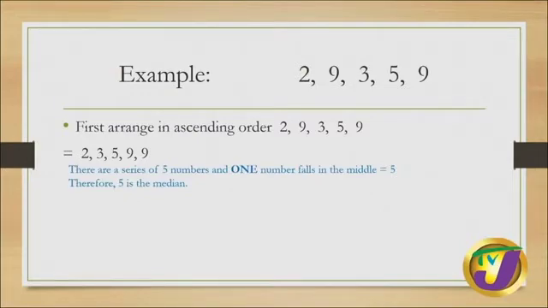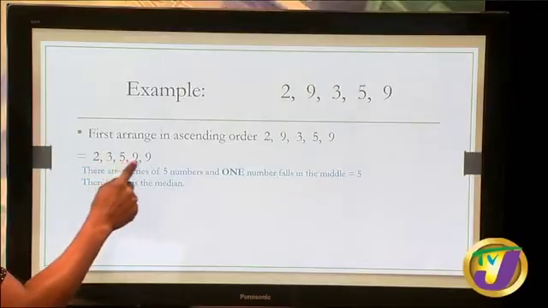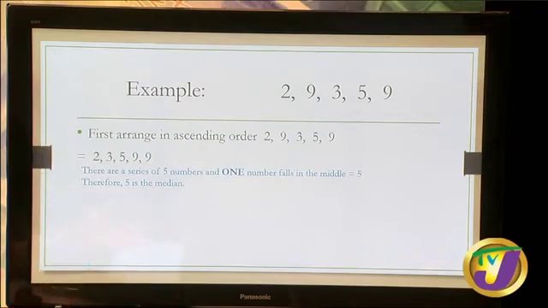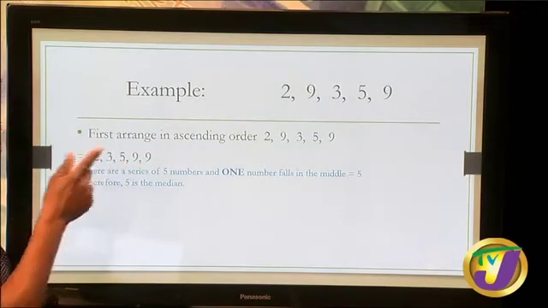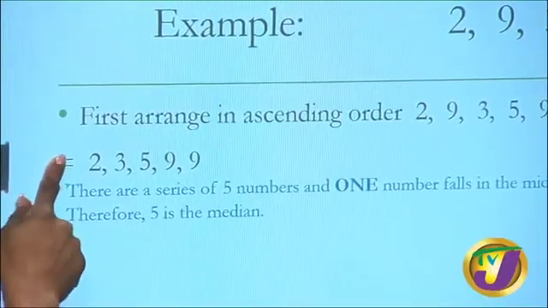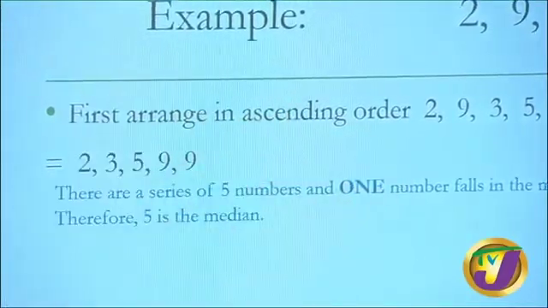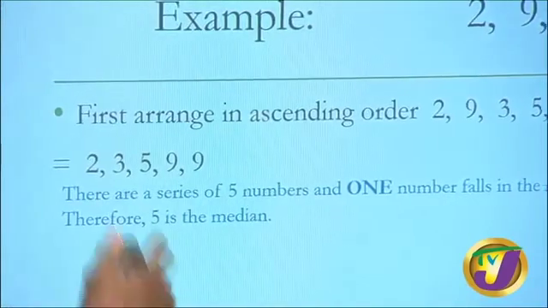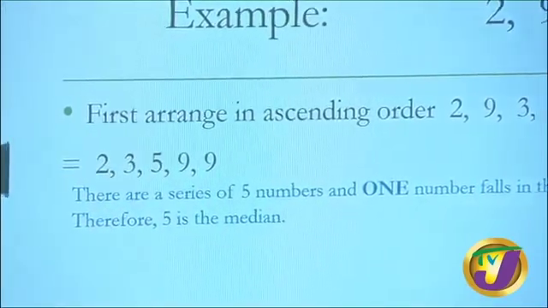Remember what I said, it's the middle term. So if I arrange them in order, I have 1, 2, 3, 4, 5 pieces of data, or say our series. There are 5 numbers in this particular series. The middle one is 5 because I would have 2 pieces of data to the left of 5, and 2 pieces of data to the right of 5. So 5 is the one number in the middle, and that is your median.